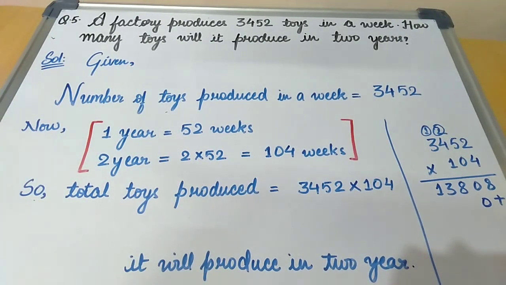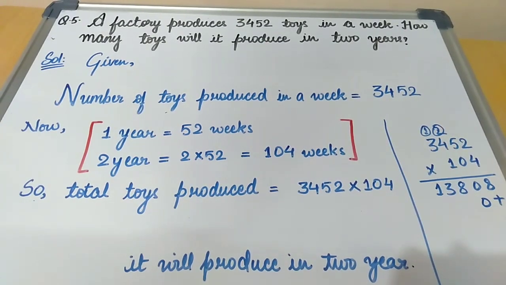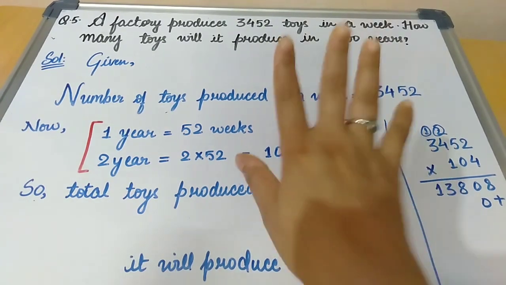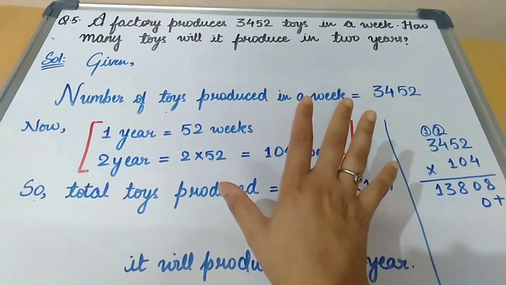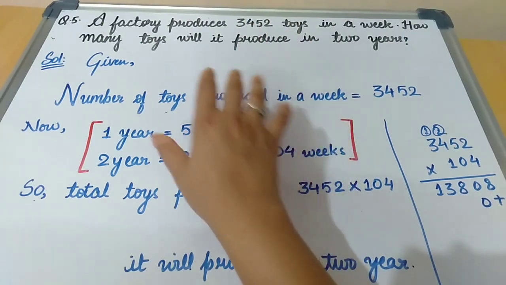So students, let us see question number 5 of exercise 1. The question is, a factory produces 3,452 toys in a week. How many toys will it produce in 2 years? Now see it carefully because it is a very important question.